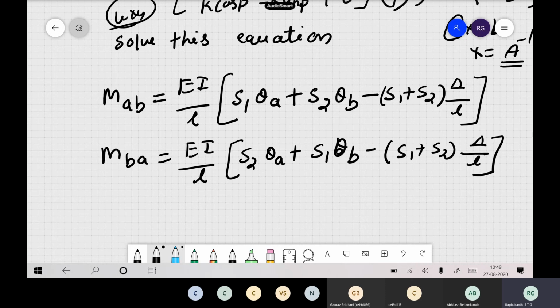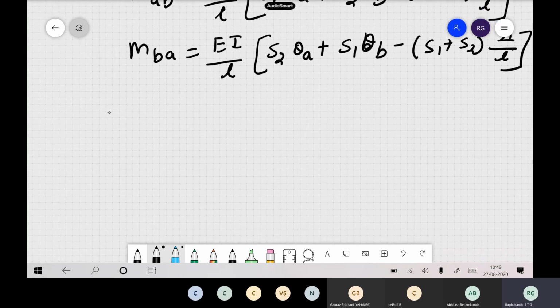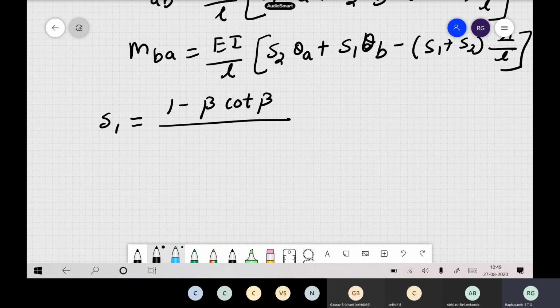So S1 and S2 are very complicated expressions, but let me say. S1 is 1 minus beta cot beta by 2 tan beta by 2 by beta minus 1.